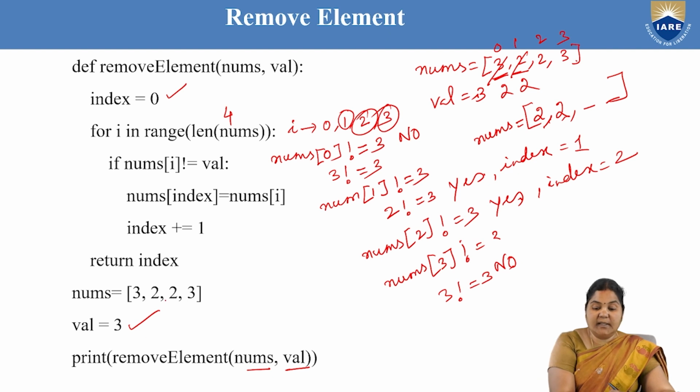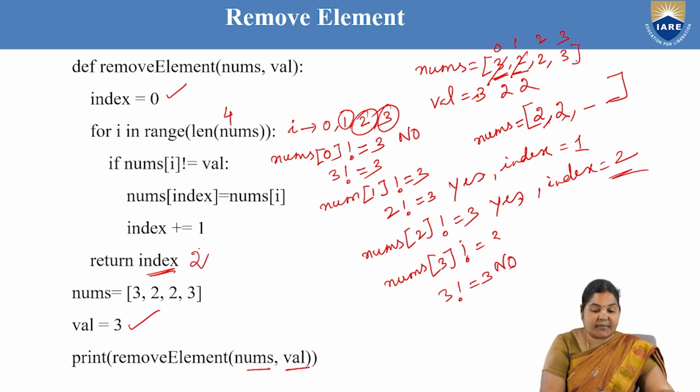And return the index. How many values have you written? You have removed the value which is there, and the remaining you have written, and the index is nothing but 2, as you have done this process 2 times. This way we can solve this question, remove element.